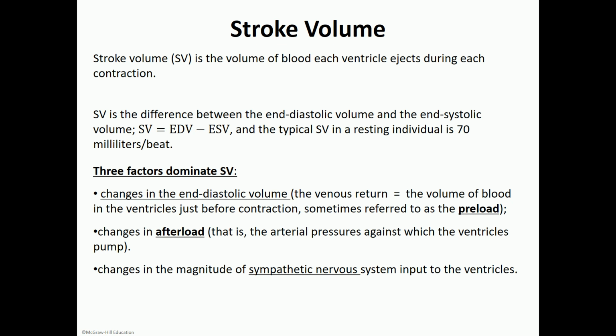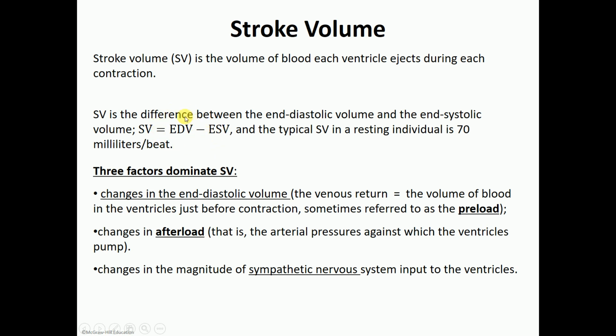We already know what stroke volume is, which is the volume of blood ejected out of the ventricle with each contraction. Another way to calculate the stroke volume is as the difference between, and I'll name them and then explain what these mean, the end-diastolic volume and the end-systolic volume.